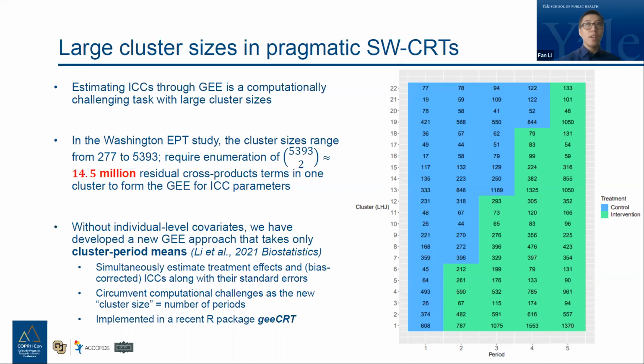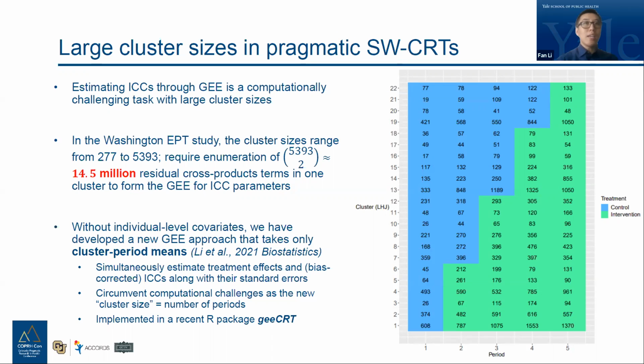And that requires the enumeration of more than 14 million residual cross-product terms to even formulate the second order generalized estimating equation to estimate the ICC parameters for these trials.